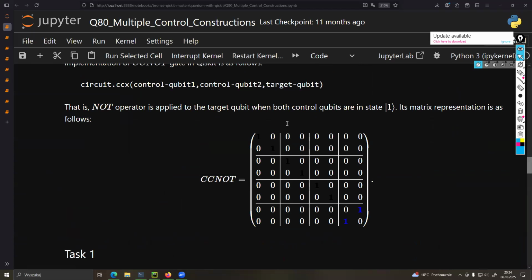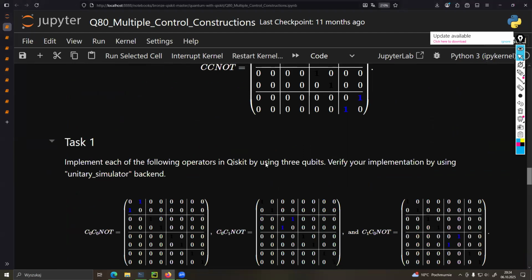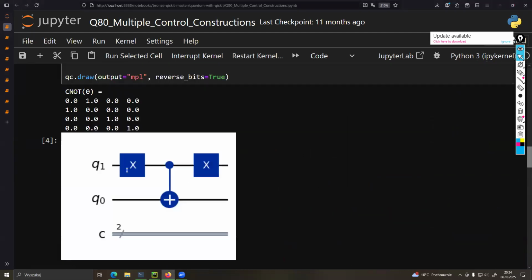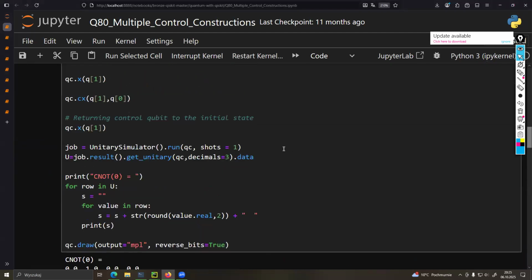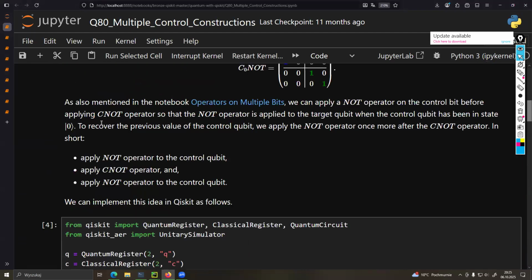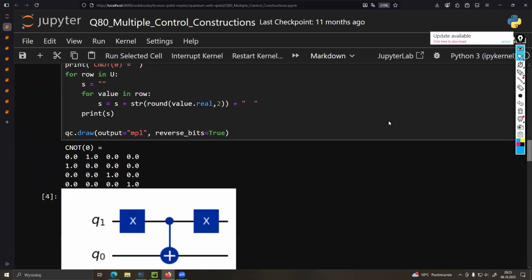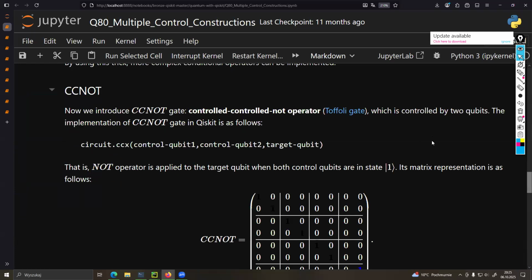So the thing is that we would like to append the X at the end. The reason for it is that we would like to fix this matrix.